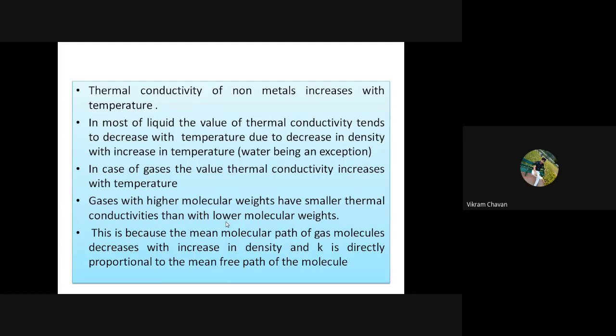And if the density decreases, the distance between two molecules increases, and due to that the heat transfer ability of liquid also decreases. Because of that, we can say that the thermal conductivity of liquid decreases with increasing temperature. But one exception is there for liquids, that is water.